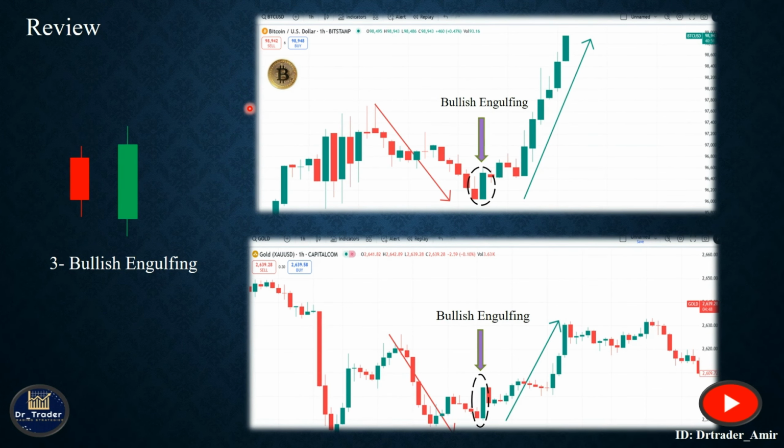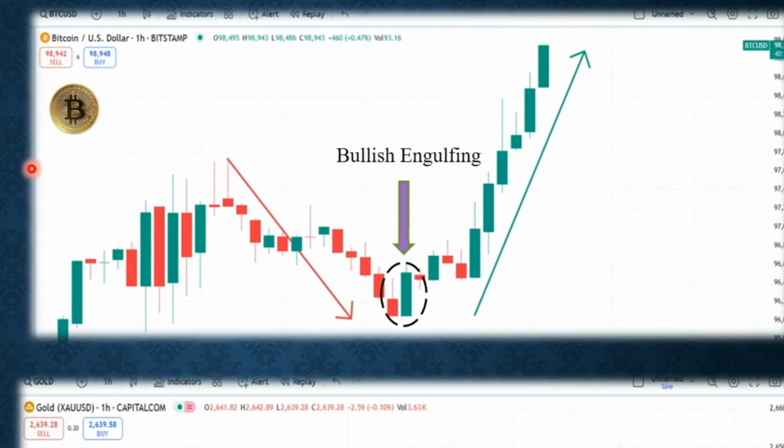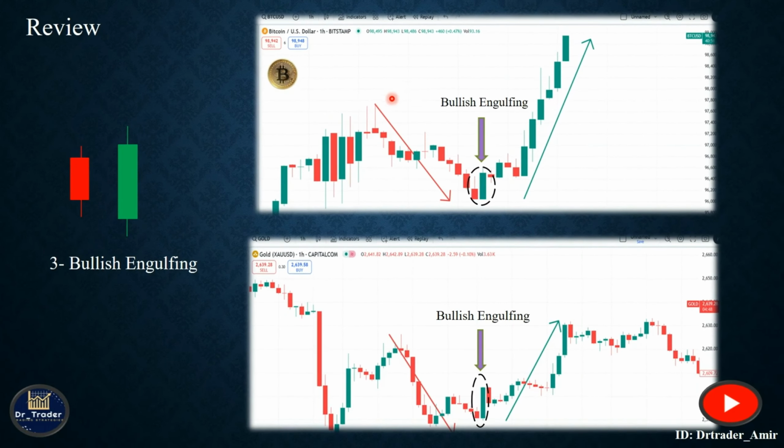In the first example, which is from the Bitcoin market, at first there was a downtrend, and the price decreased from approximately $97,800 to $96,200.